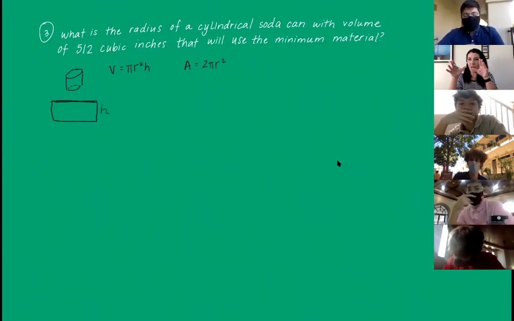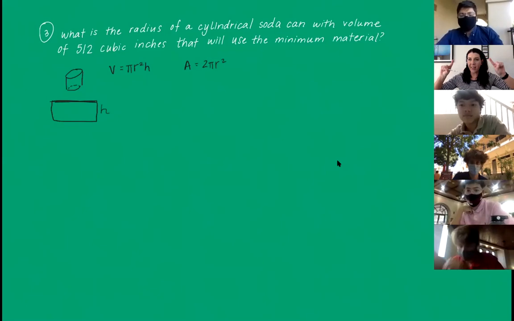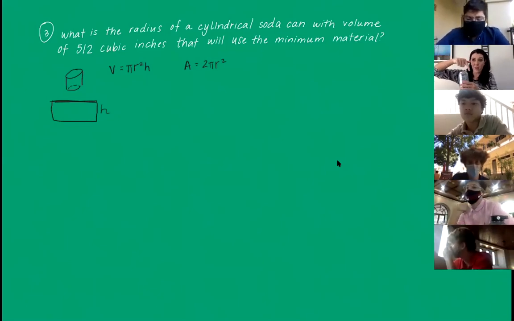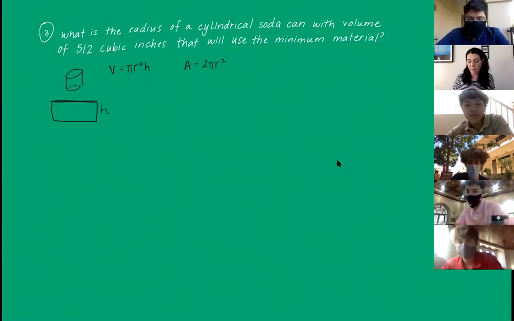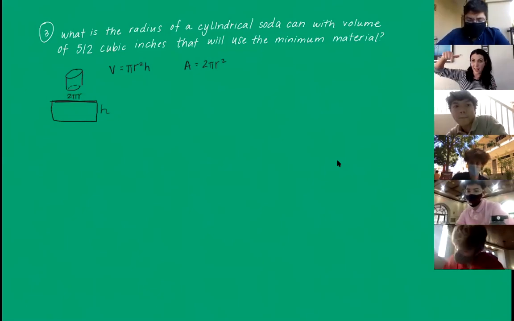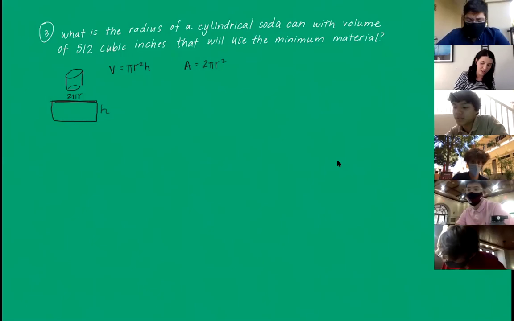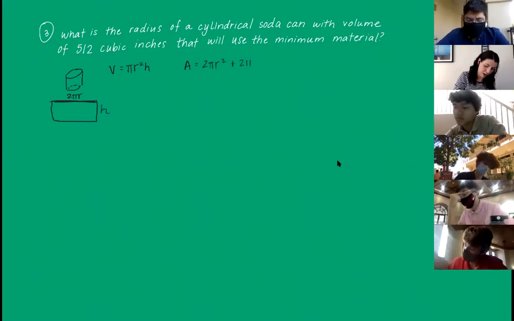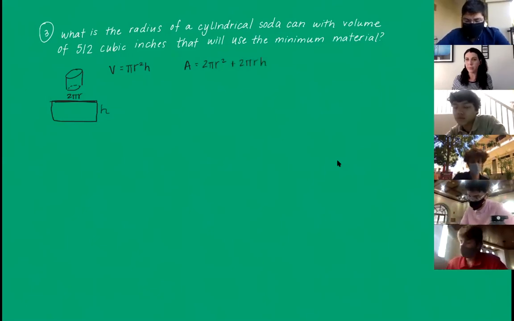Does anyone think they know what the length of that side would be? Or essentially the length of the outside of this? What would the length of that be? Maybe 2 pi r. 2 pi r, it's the circumference, right? So if this is 2 pi r, the length of the circle times the height, because it's just an area of a rectangle really, if I unfolded that, I would get plus 2 pi r h.